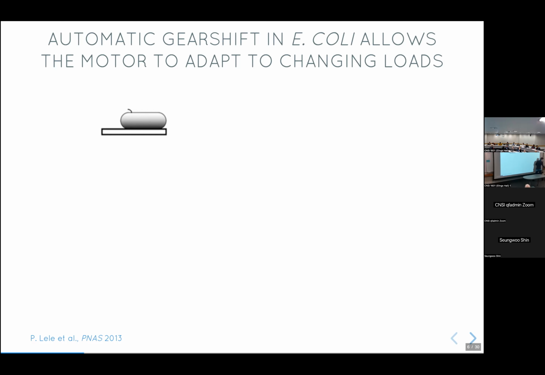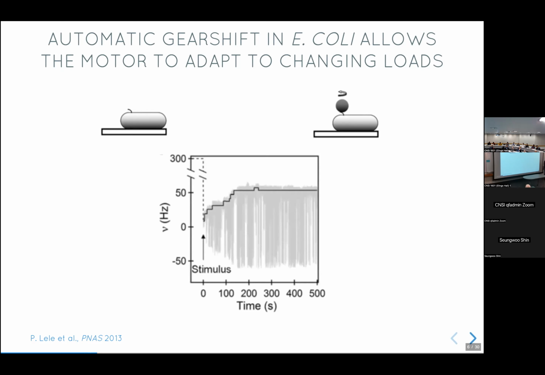And then he took a plastic bead in an optical trap and suddenly attached that bead to this little stub. So between the situation on the left and on the right, you have suddenly increased the load on this motor quite dramatically. And when you look at the response of the motor, you see something really interesting. Here's time on the x-axis, and the speed of the motor is on the y-axis, measured by the rotation of this bead.